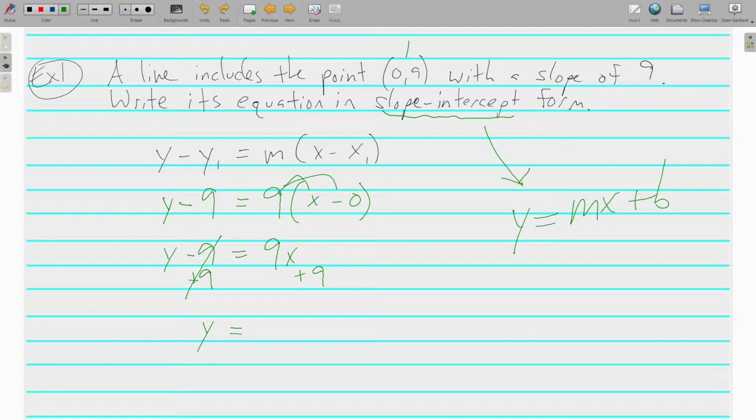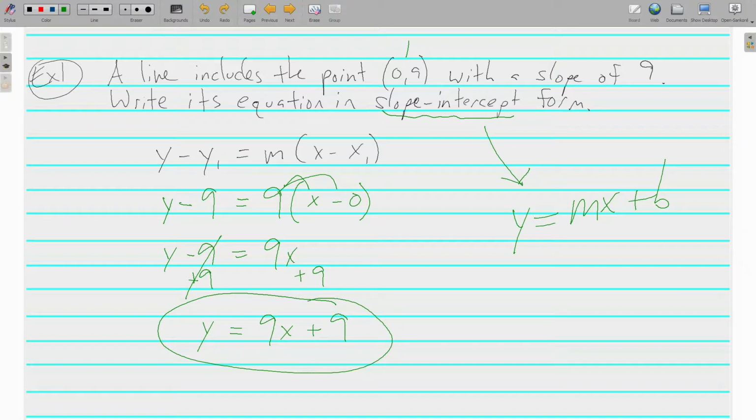Now on the right side, remember we've got a 9x and a 9. Those cannot be combined because one has an x, the other one doesn't. So what do we have on the right side? Well, we've got the 9x, and we also have a 9. Here is our y equals mx plus b. This is the equation of the line in slope-intercept form.